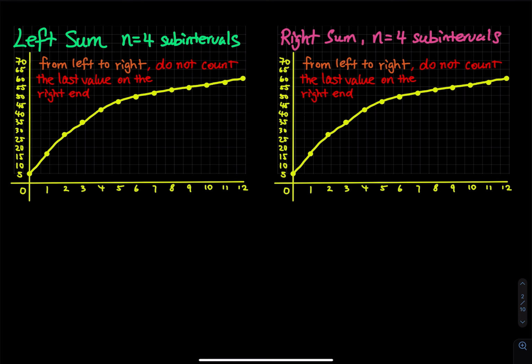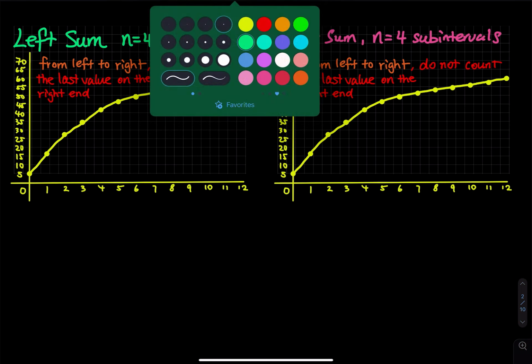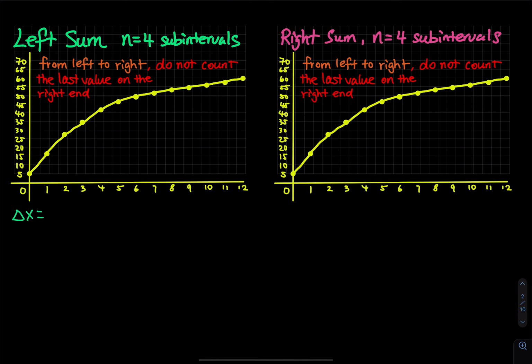Let's do it. Okay, let's follow the color code. So I am going to do delta x equals maximum minus minimum divided by 4 intervals, right? Which is equal to 12 divided by 4, that is equal to 3, so that is the width. And then from left to right, I have 0, and then all the way to 12, right?